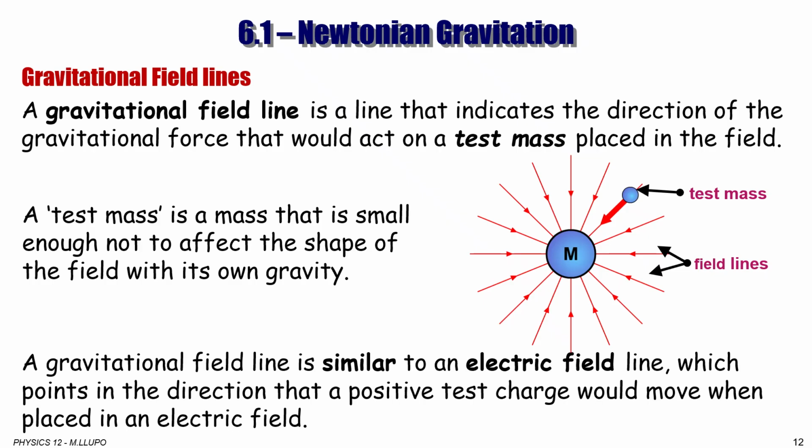Gravitational field lines are similar to electric field lines that we're going to learn in the next chapter, which point in the direction a positive test charge would move when placed in an electric field. More about electric fields and electric test charges we're going to learn in the next chapter.